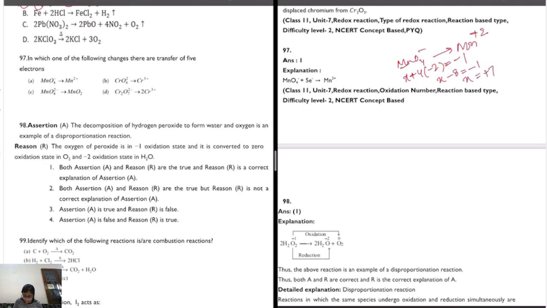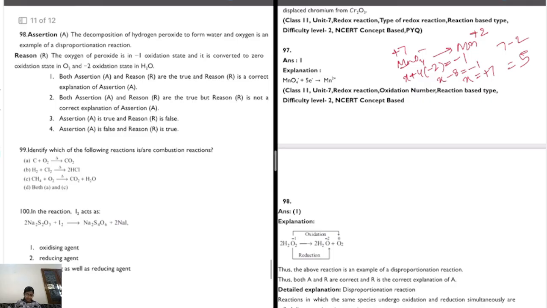Therefore, Mn here is in plus 7 oxidation state, and it is becoming plus 2. So, what is the difference? 5. Therefore, yes, this is the correct option.